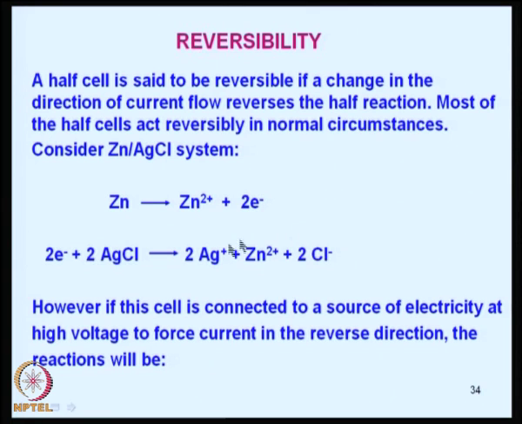Consider this zinc chloride system itself. In the half cell, zinc goes to Zn2+ plus 2 electrons, and on the other side the 2 electrons released from the zinc will react with 2 AgCl to produce silver and zinc ions. If this cell is connected to a high source of electricity, to force the current to move in the reverse direction, the reaction will go the other way.